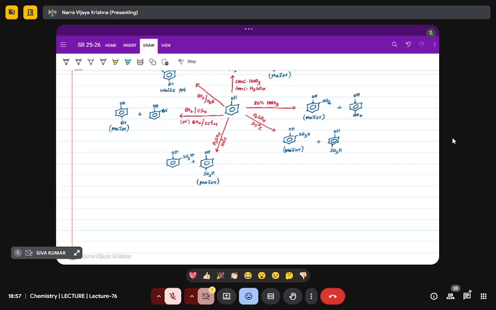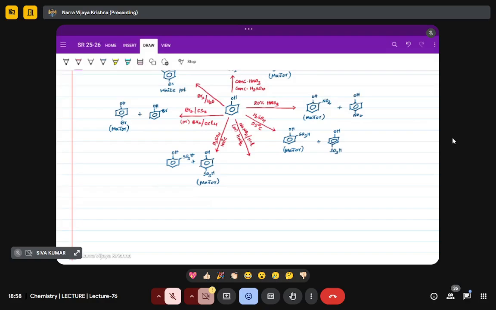Next, with NaNO2 in presence of HCl, or HNO2. What is this? Is there a primary amine to form a diazonium salt? If it is a primary amine, then it will convert into diazonium.